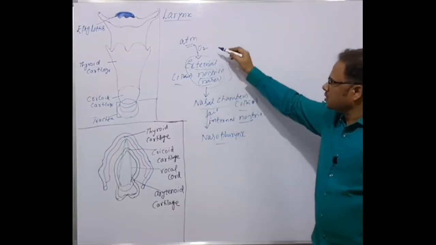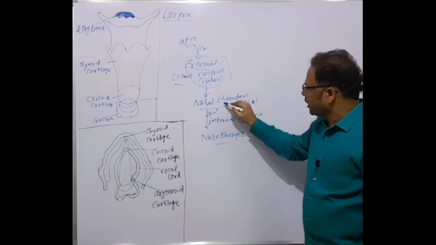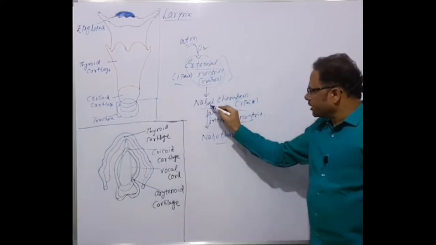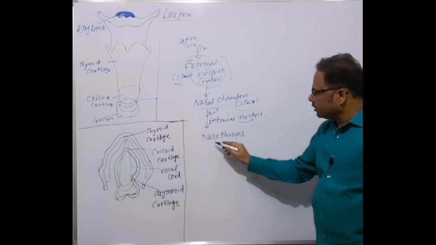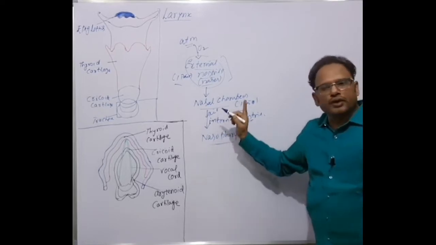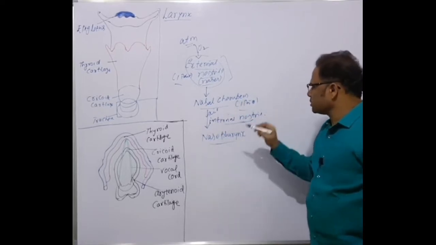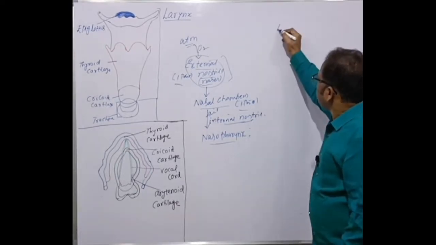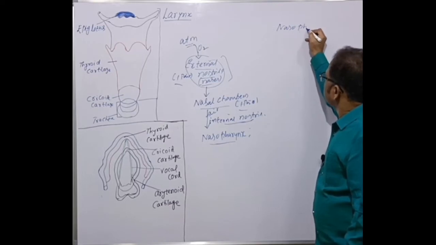The air enters from the atmosphere into the chambers through the pair of external nostrils, and from the nasal chambers the air enters into the nasopharynx through a pair of internal nostrils, also called nares. Now let's discuss what the nasopharynx is.